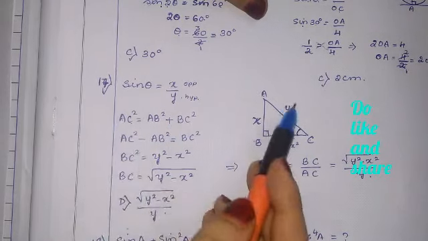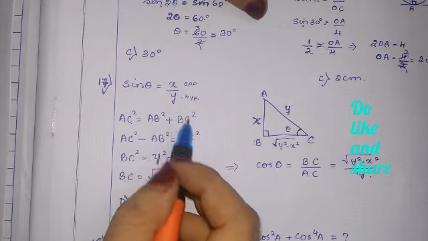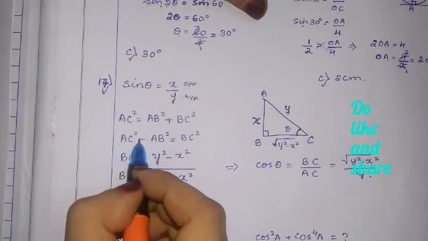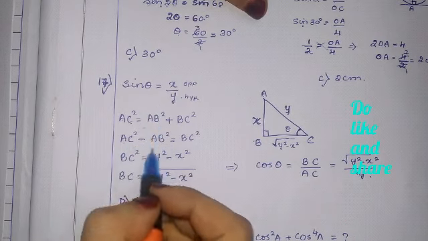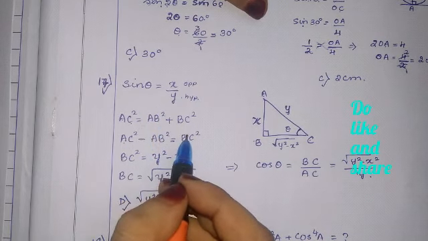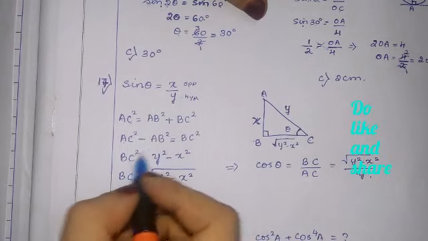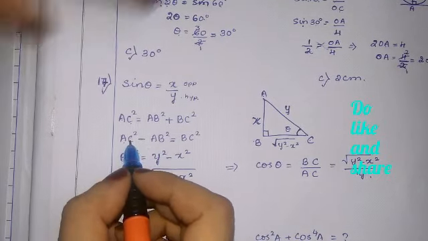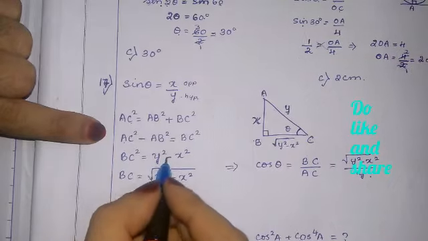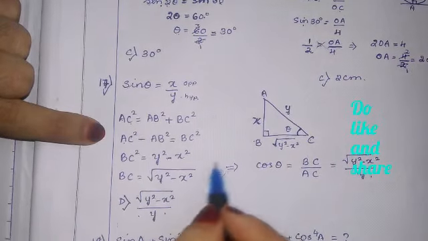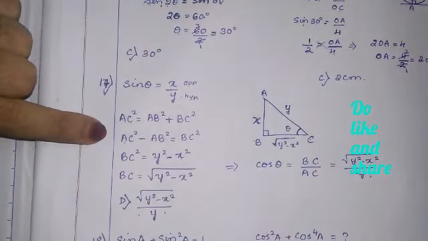First we will bring AC square minus AB square. I brought AB square this side, equal to BC square. So BC square is equal to AC value y square minus AB value x square.